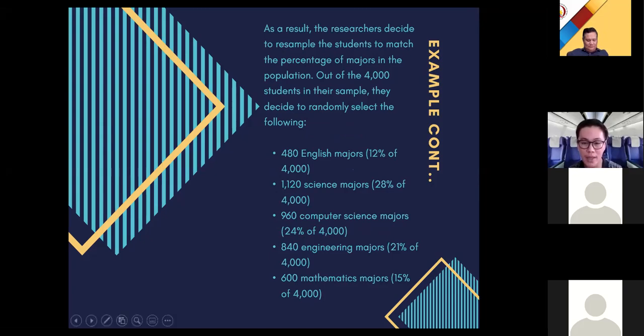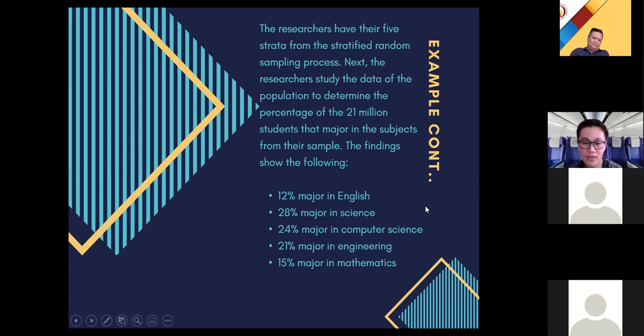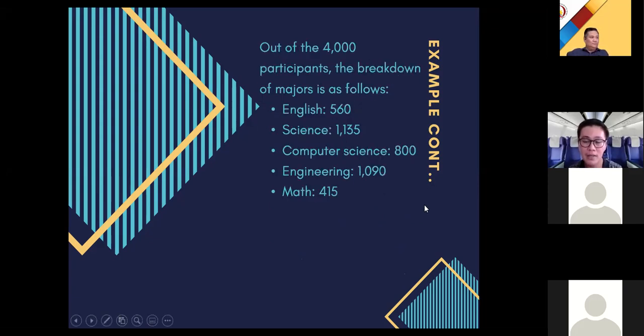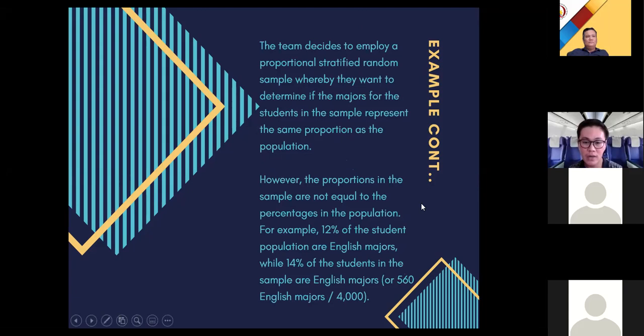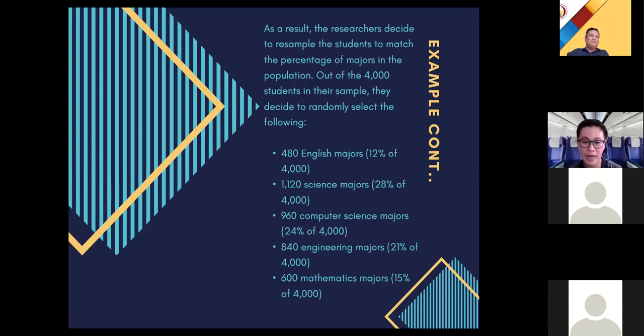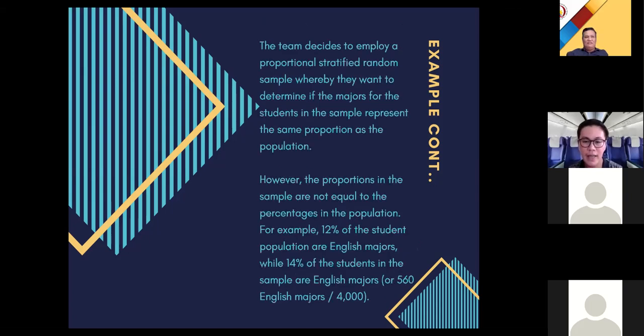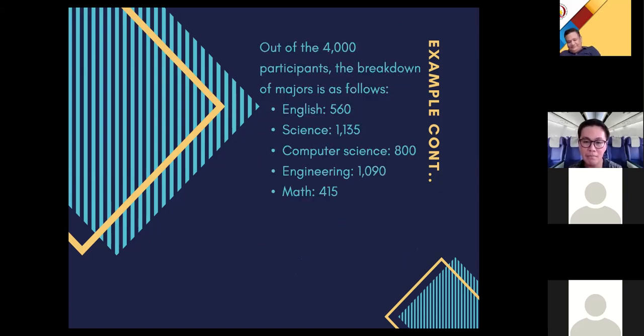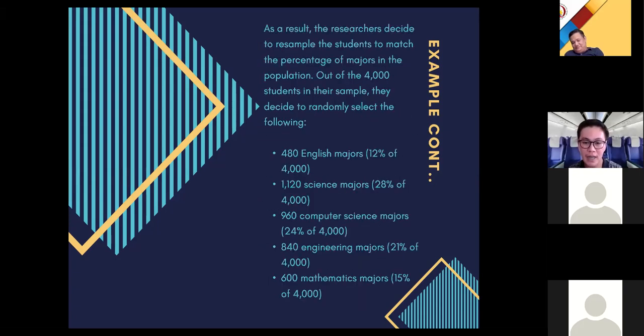The same thing with the engineering majors: as we go back to the slide, that's 1,090, which became 840 after their resampling. That's 21% of the 4,000. And with the math majors, 415 became 600 mathematics majors, which is 15% of the 4,000.